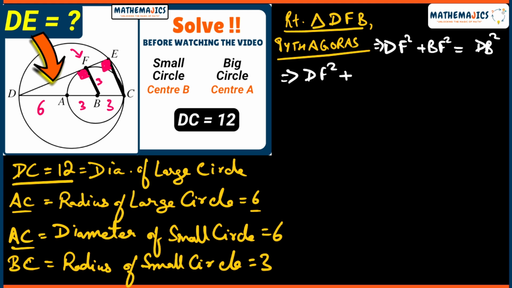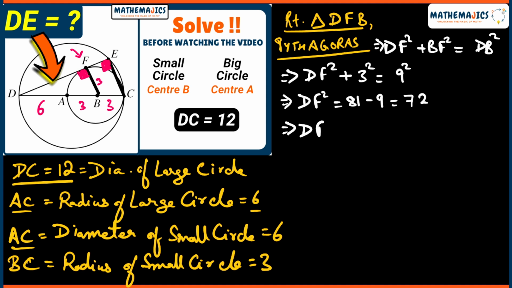Let's write it down: 3 square. What is DB? If you look carefully in the figure, DB is the sum of DA and AB, that is 6 plus 3, 9. Now, if we solve this further, we get DF square equals 81 minus 9, that gives us 72. Now, what will be DF? DF will be under root 72, which gives us 6 root 2. So the value of DF is 6 root 2.